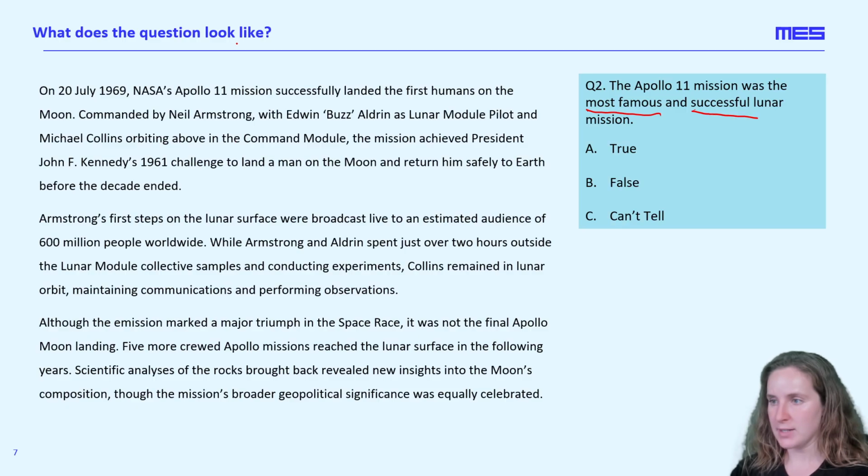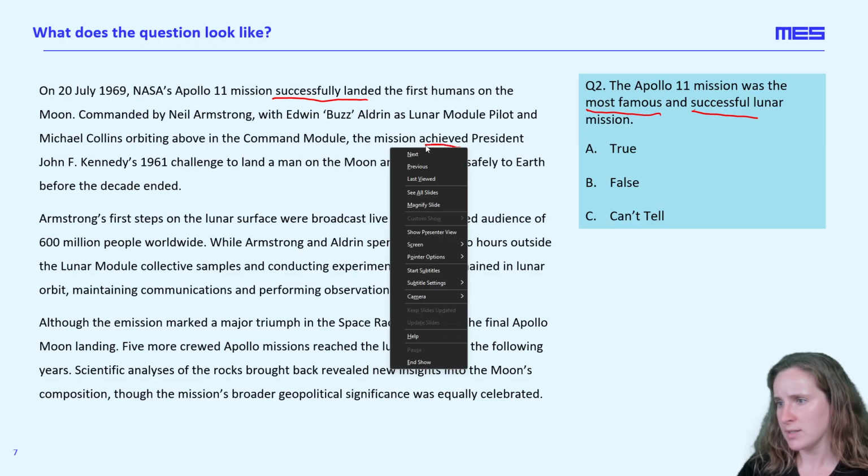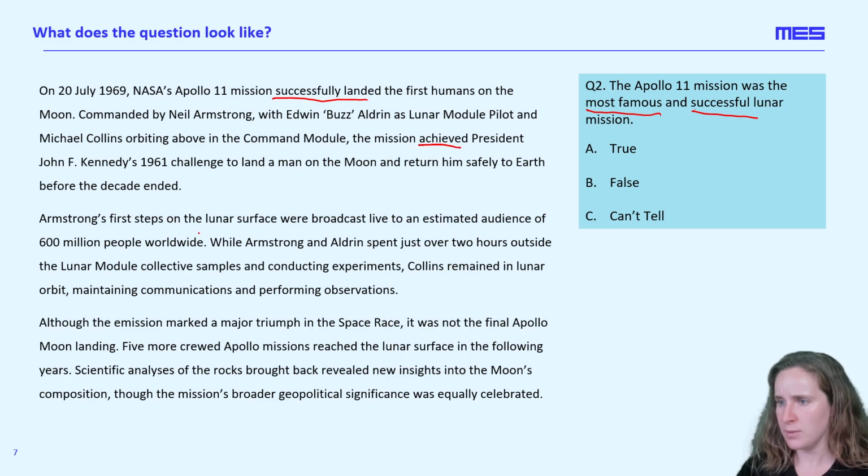Immediately in the first sentence, we see the word that it successfully landed, but most successful we haven't seen yet. So that might be a distractor, it might be a key word. We're seeing this, the mission achieved President Kennedy's challenge to land a man on the moon. And then we're looking at this third paragraph.